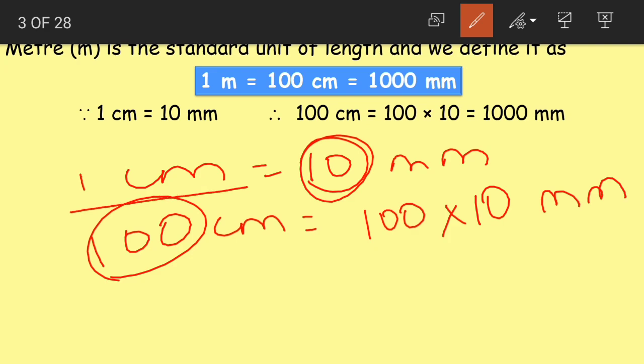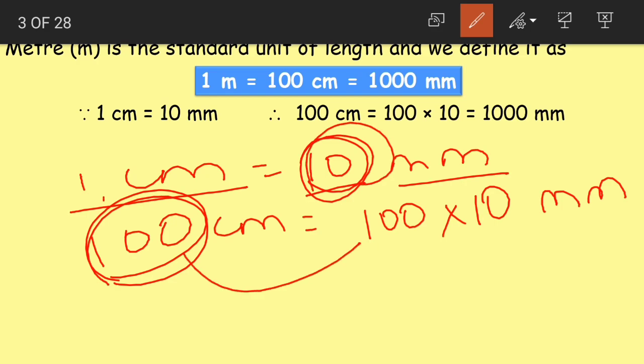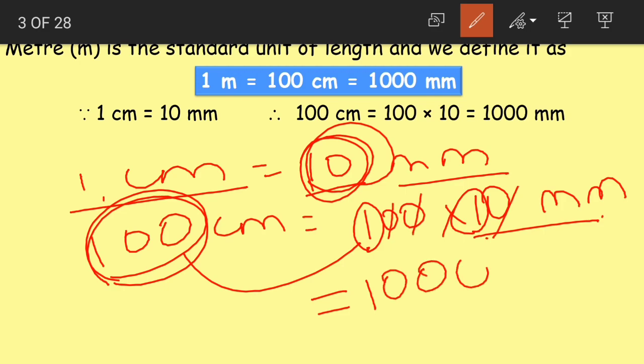Now when we say 100 centimeters, 100 into each centimeter is equal to 10 millimeters. So 100 into 10 millimeters gives us what? How do we multiply? 1 into 1 gives us 1, and then we have 1, 2, 3 zeros. So I'll write 3 zeros here.